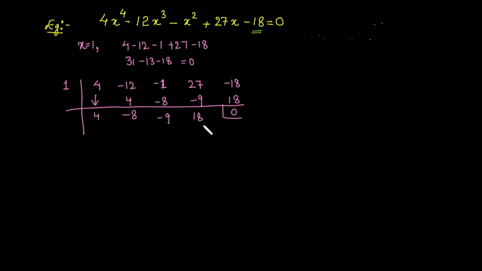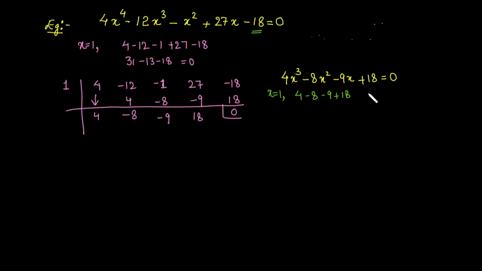Next we are writing the cubic equation from here. We have the x cube coefficient as 4, then minus 8x square, this is the coefficient of x, and this is the constant term. Now again we are getting the constant term as 18. So start with 1. When you put x is equal to 1, 4 minus 8 minus 9 plus 18.